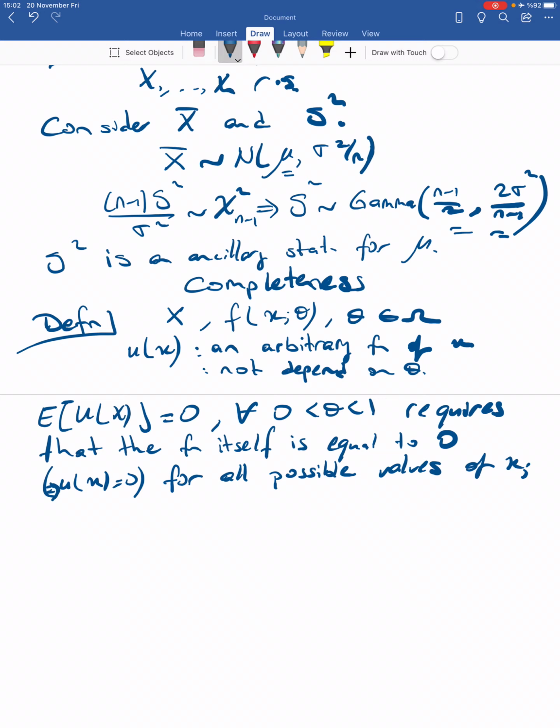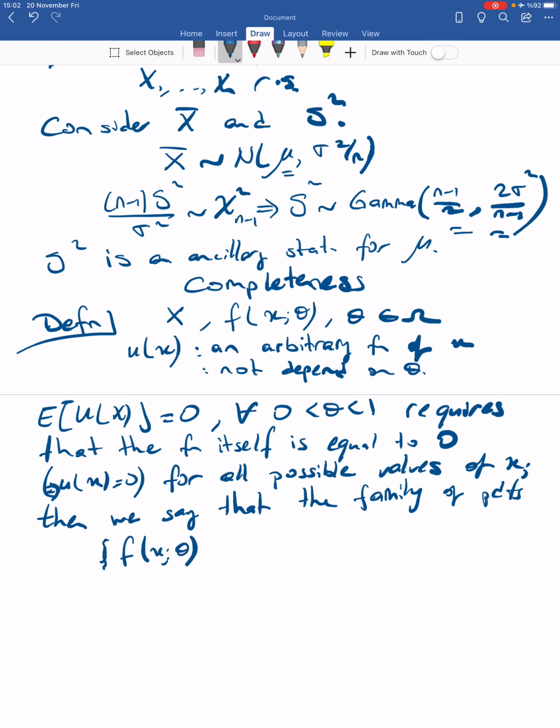Then we say that the family of PDFs, so what is this family? Whatever the f(x; theta) is, where theta is in the parameter space.